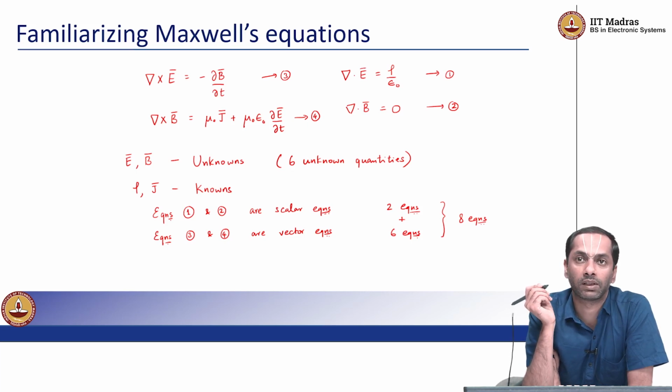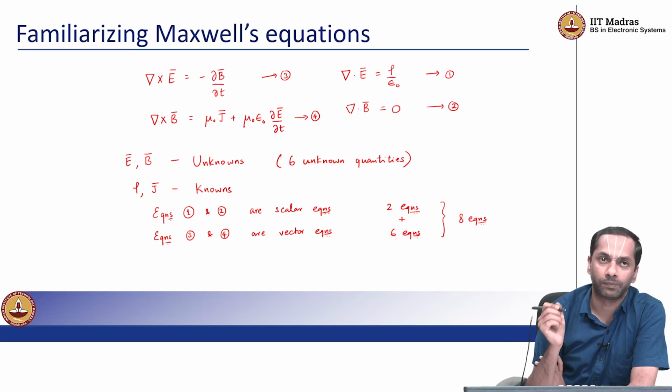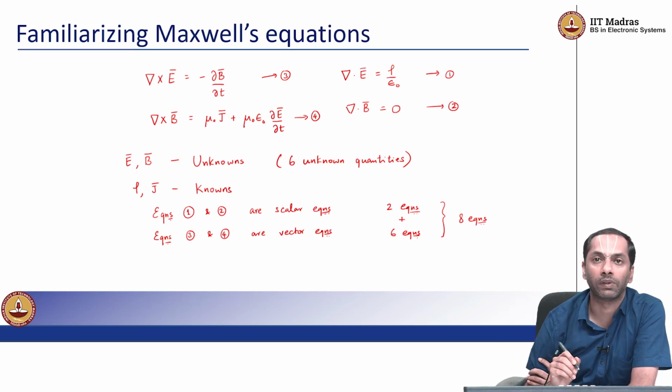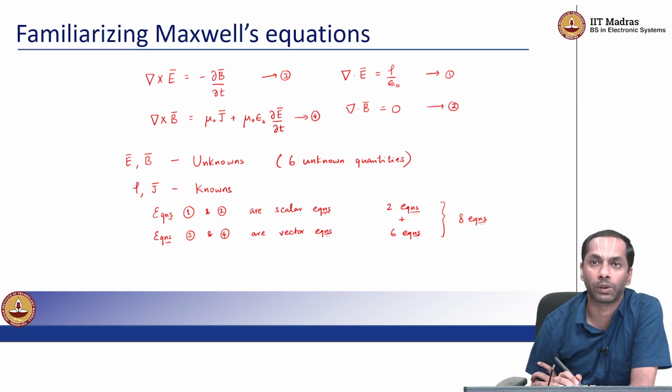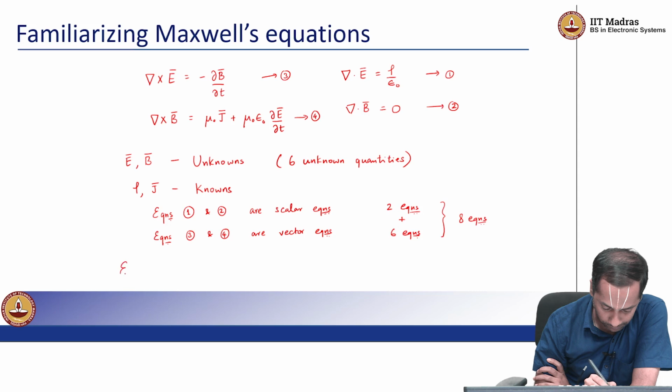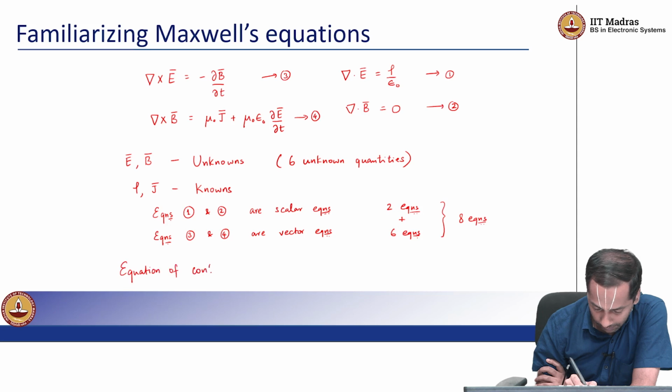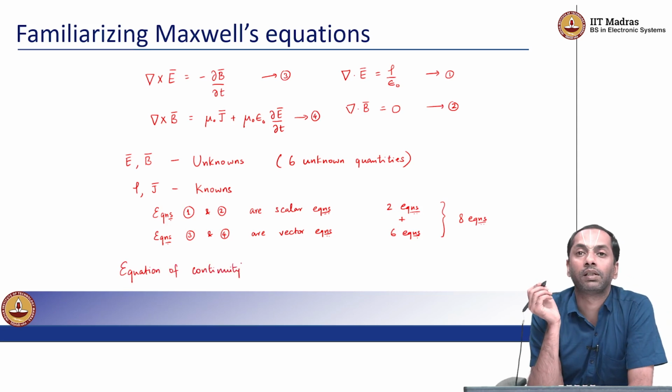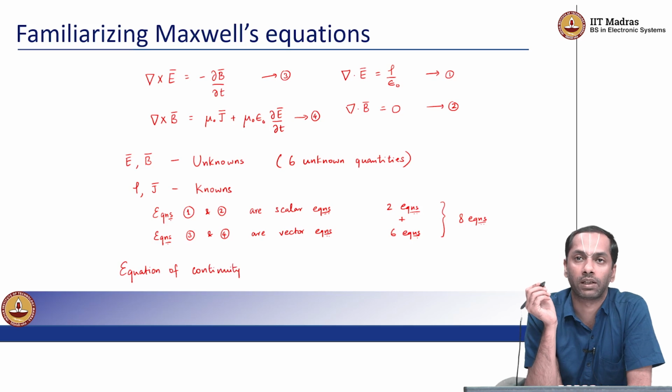They are only giving you 6 pieces of unique information, which means there is some redundancy built in, right? And the redundancy that we don't see mapped out in these 4 equations is the equation of continuity, right? Which essentially relates rho and J, right?